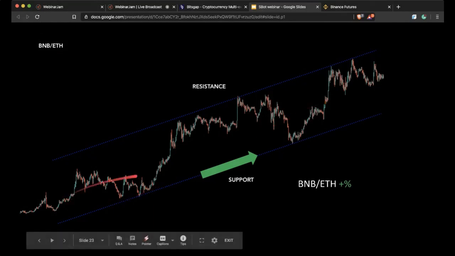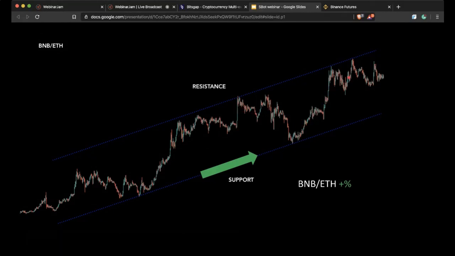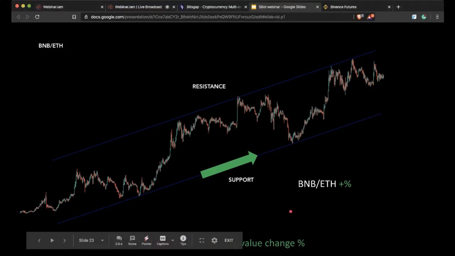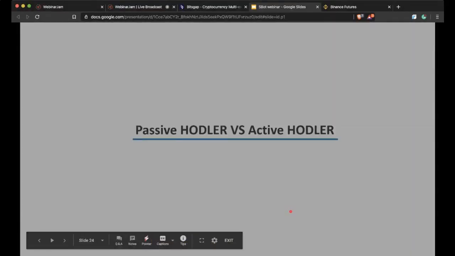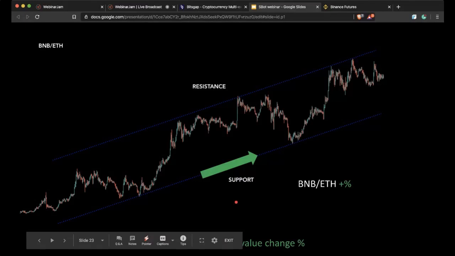Let's say you just bought BNB around here. So you are only affected by the price fluctuation, and as the price is moving upwards, your investment value appreciates. So your investment value is only affected by the value change.